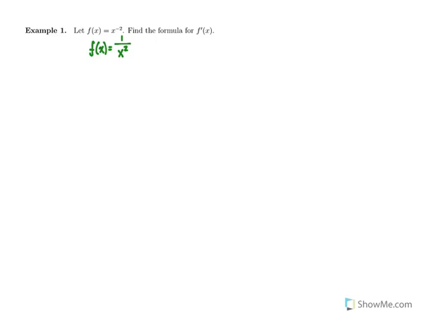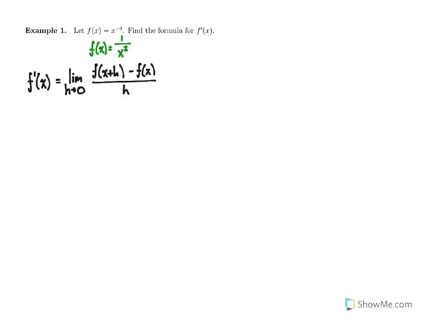All right, now let's get into the limit definition of the derivative. We have the derivative f prime of x is going to be equal to the limit as h approaches 0 of f of x plus h minus f of x all over h.